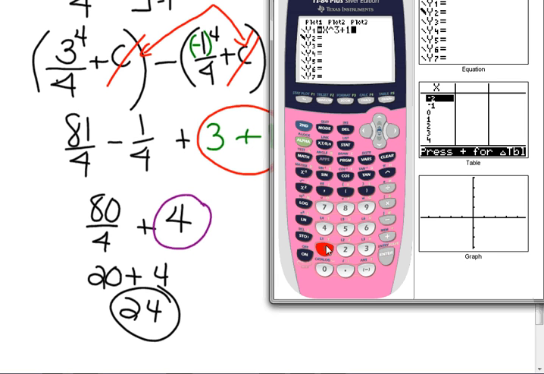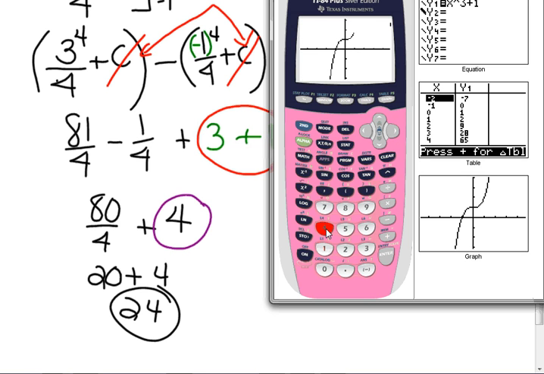The problem with graphing it and using the graph is that I have to have the domain right, and it'd be nice to have the height right. Well, I know I want to go from negative 1 to 3, so I'm going to zoom 4.